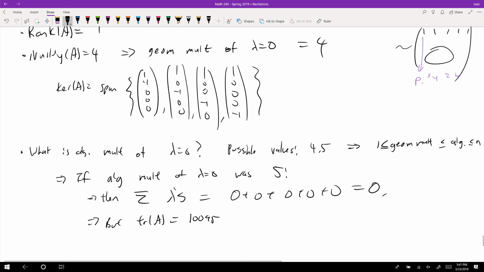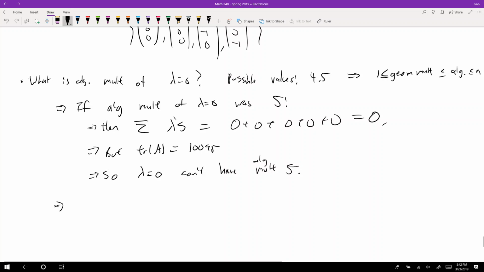So lambda equals 0 can't have algebraic multiplicity equal to 5, which means the algebraic multiplicity of lambda equals 0 is equal to 4.